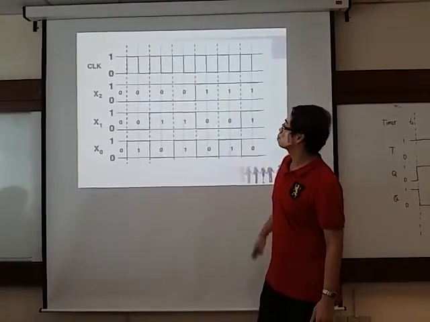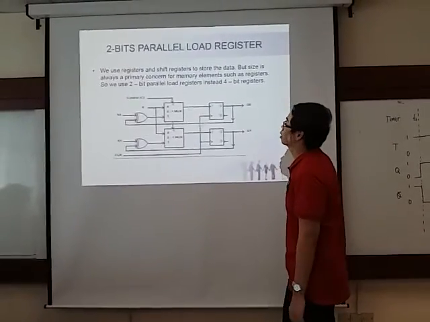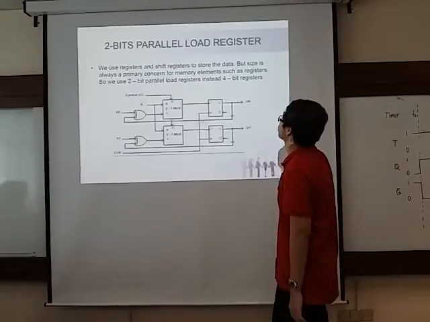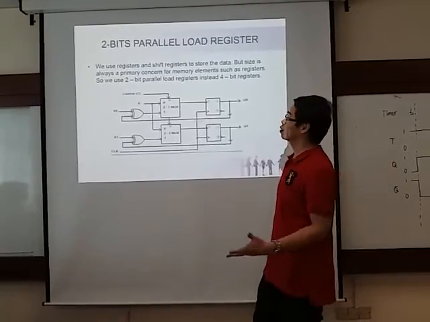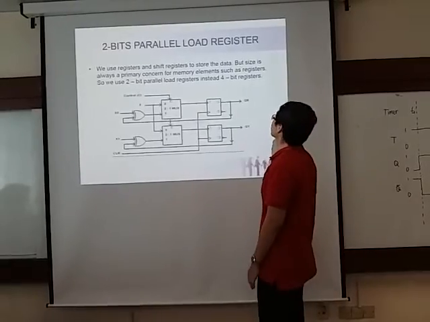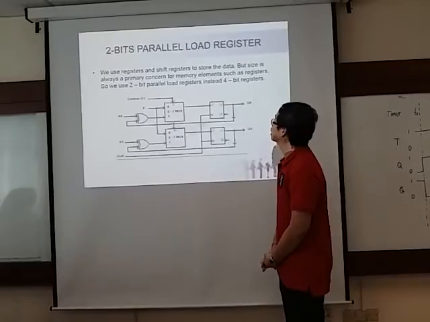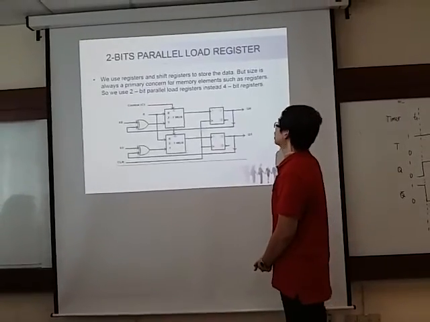Next, the last application of the T flip-flop is the 2-bit parallel load register. We use registers and shift registers to store data, but the size of data storage is always a primary concern for memory elements such as registers.